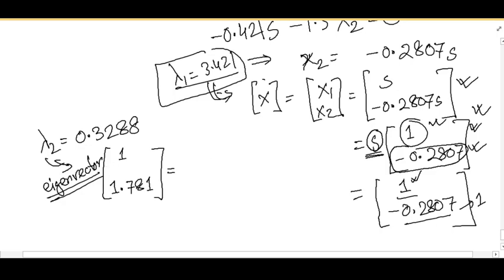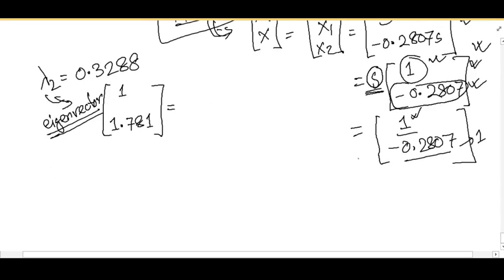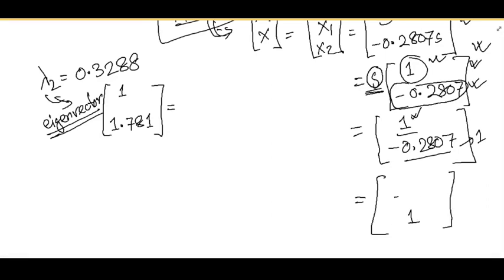As I was saying, you can also write this in another form. If you make it 1, keeping the same ratio, if I divide by 0.2807, then it becomes 3.5625, and it will be minus.